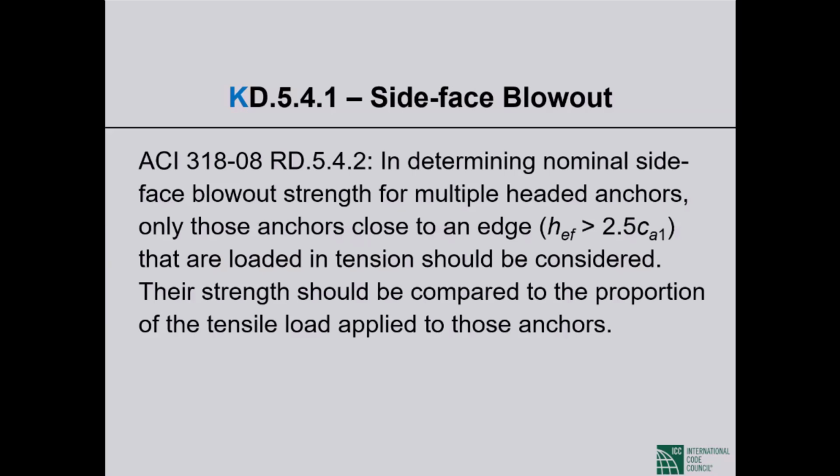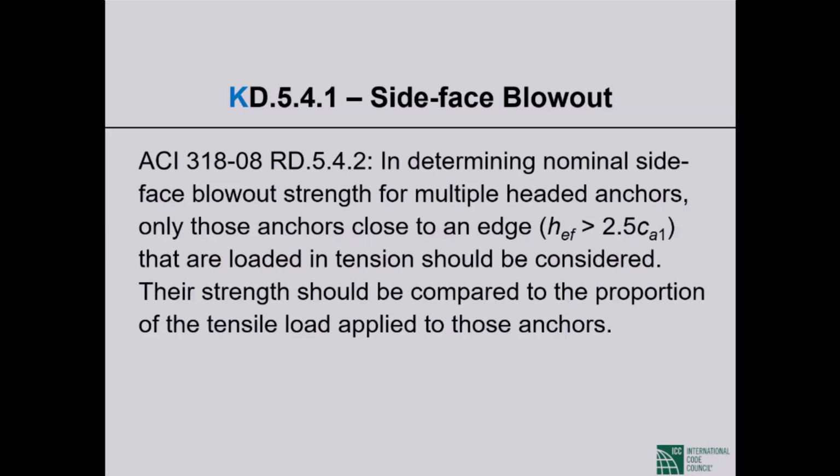In determining nominal side face blowout strength for multiple headed anchors, only those anchors close to an edge, and close means the shorter edge distance c_a1, the minimum, is smaller than 40% of the embedment depth. c_a1 smaller than 40% of the embedment depth, that's what close means.